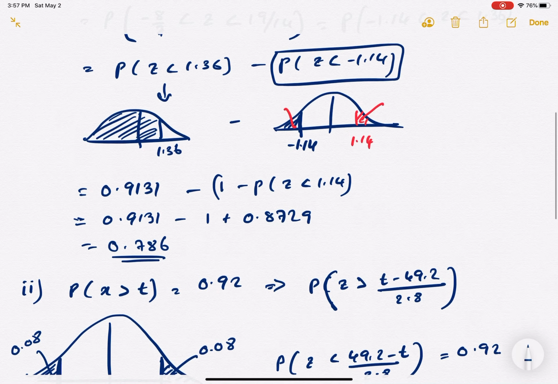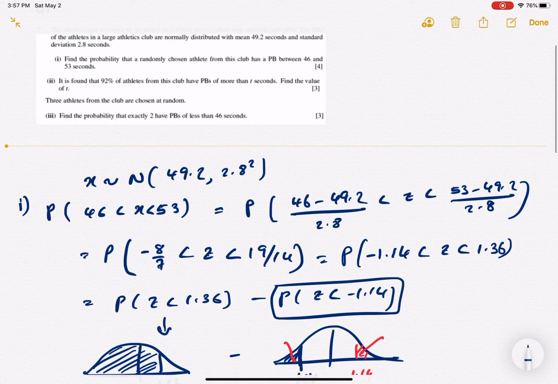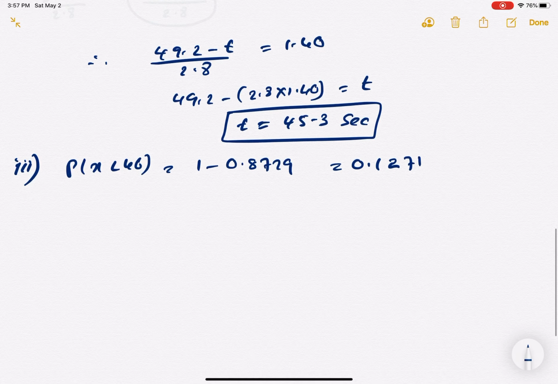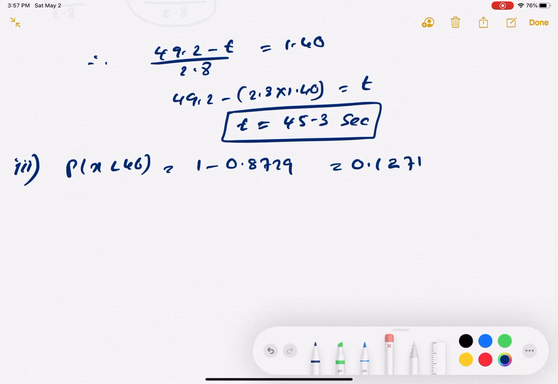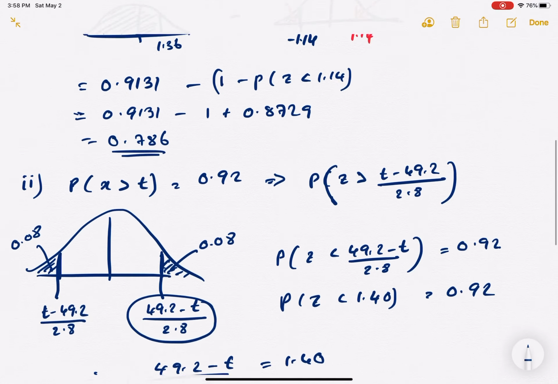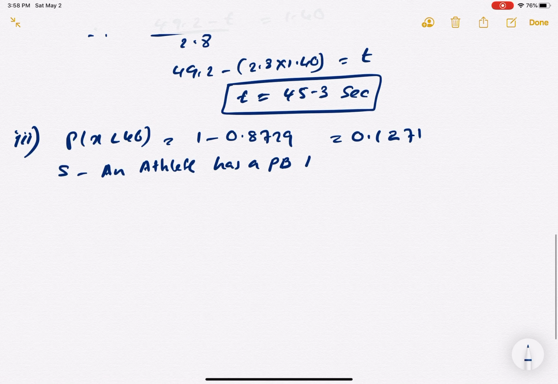So now you pick 3 athletes and they want exactly 2 to have a personal best less than 46. Let me define this event as s for our own understanding: an athlete has a personal best less than 46.